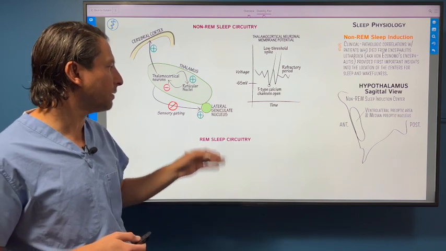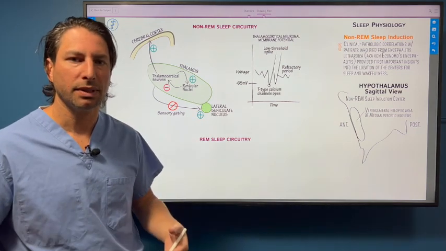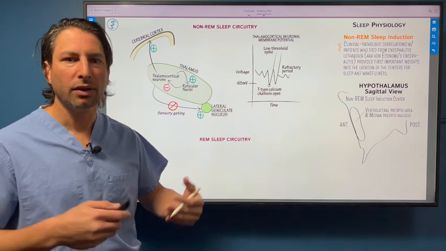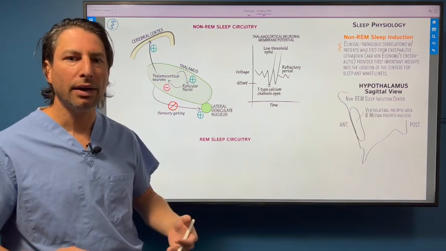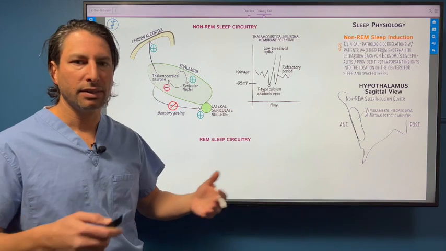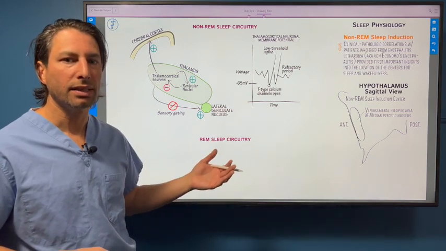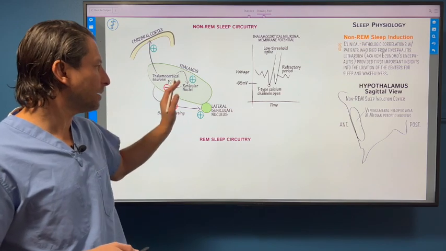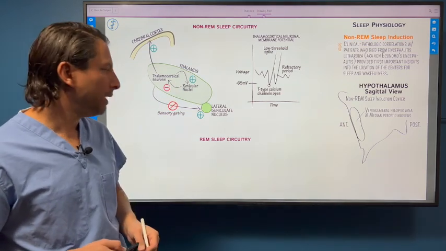So for instance, the lateral geniculate nucleus is part of the visual system. When we're asleep, we don't want to be using our visual system. We don't want to be aware of various things in the visual world because that's going to wake us up. So we gate out this information. This is called sensory gating.